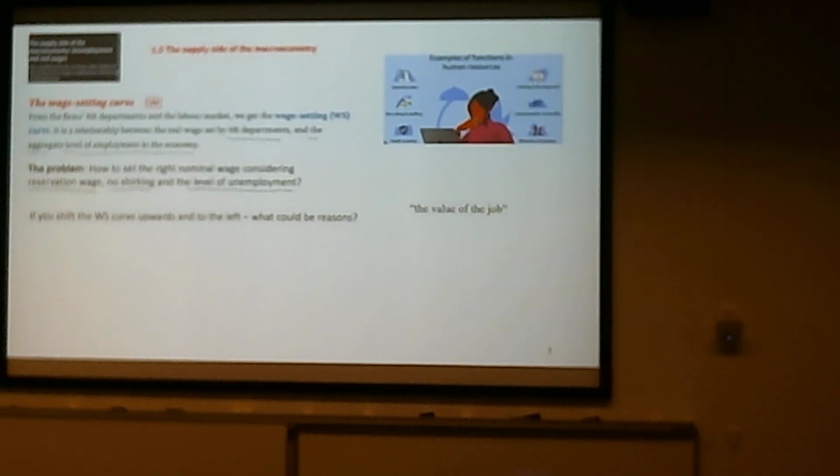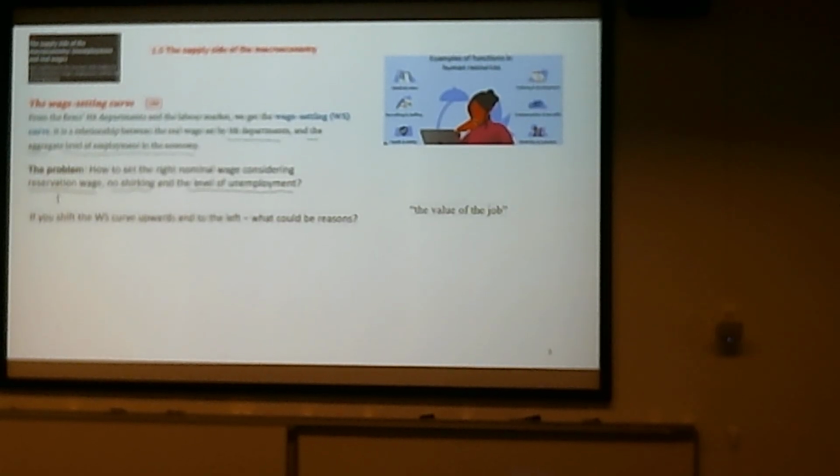The reservation wage is the argument that if you go below this, you will not get employed. No one will want to work in your company. So at least you have to cover the reservation wage.